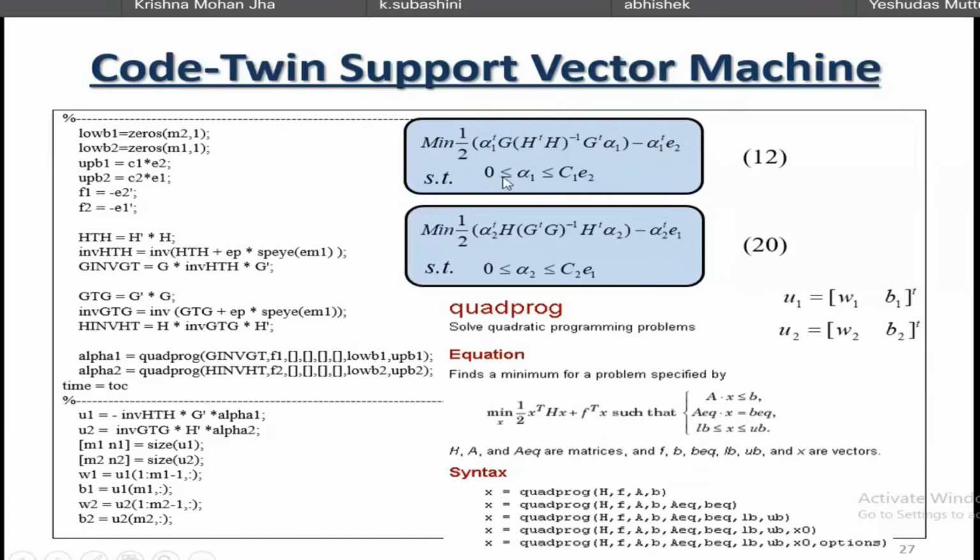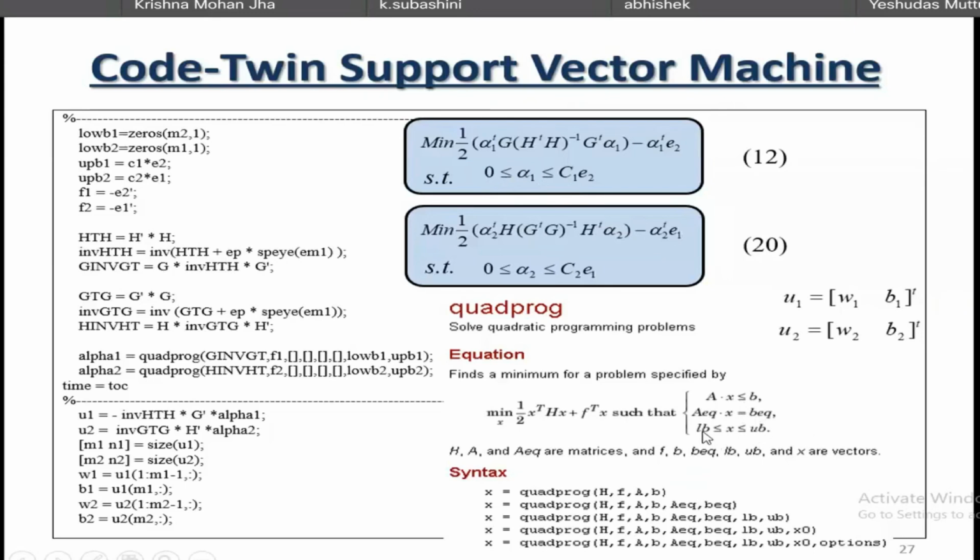And if you notice, this particular inequality is absent in your case, so A and B will be absent. As well as, you will see there is no equality, so in that case Aeq and Beq are also absent. And here 0 less than or equal to alpha 1 less than or equal to C1 e2.